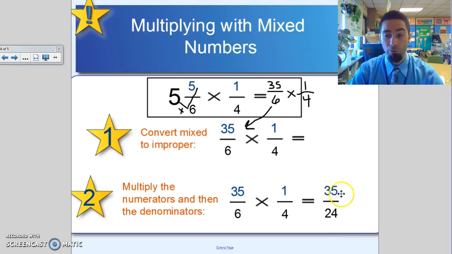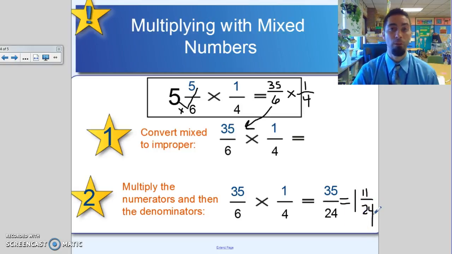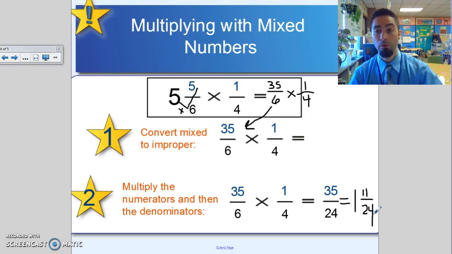And so now we got to change this improper fraction back to a mixed number in this case. And so we do 35 divided by 24. And so 24 goes into 35 one whole time, with a leftover of 11 over 24. And so that's our mixed number, 1 and 11/24, otherwise known as 35/24.